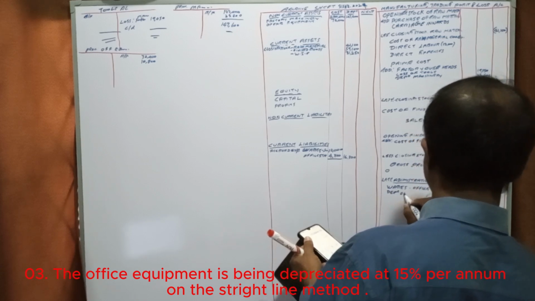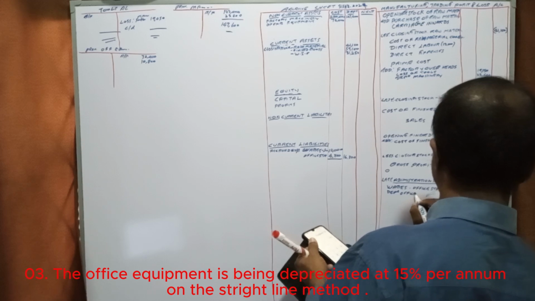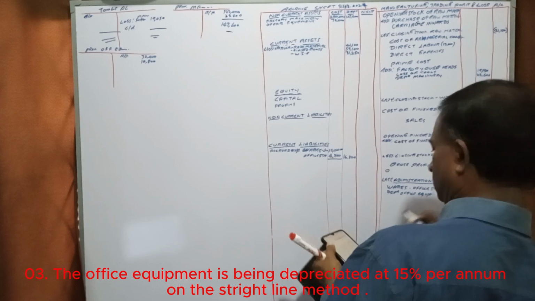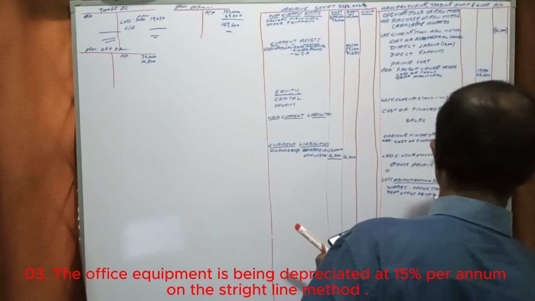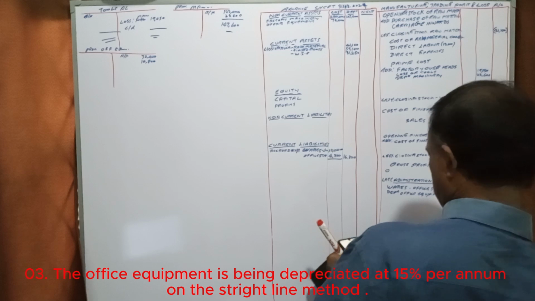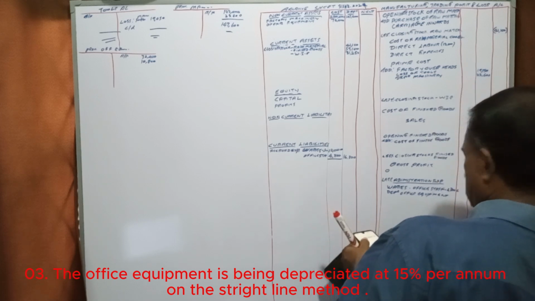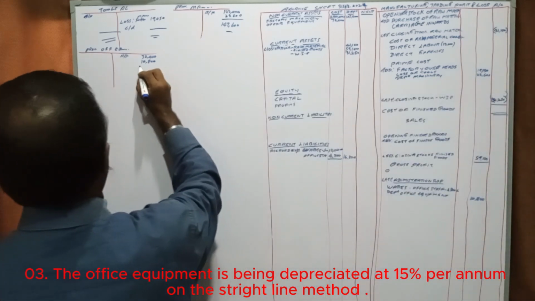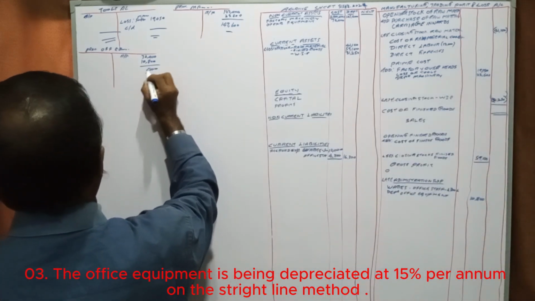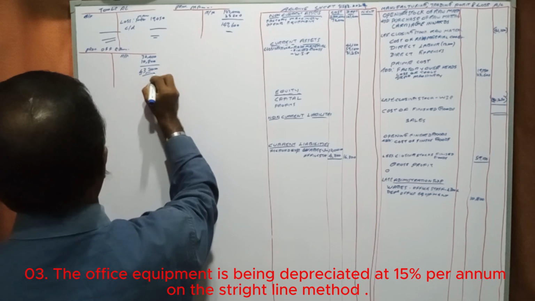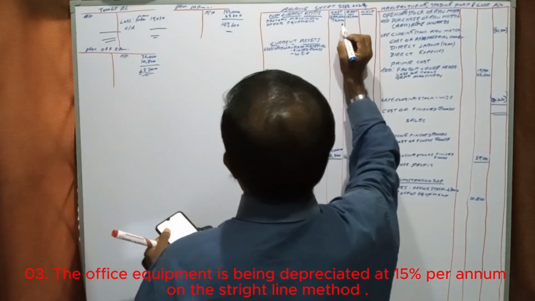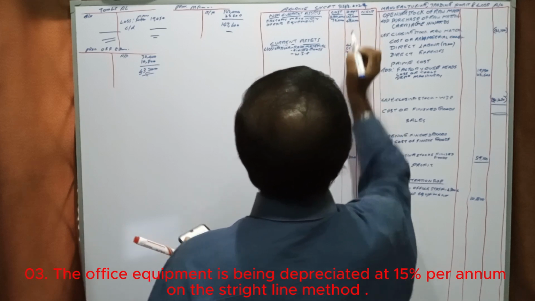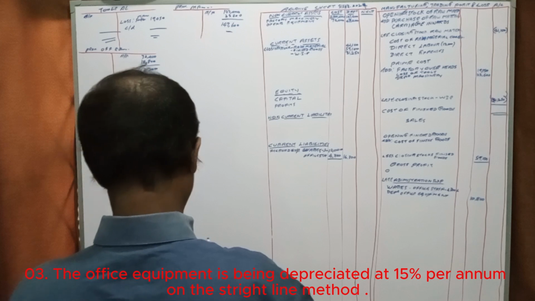Depreciation, office equipment, 10,800. So here 43,200.